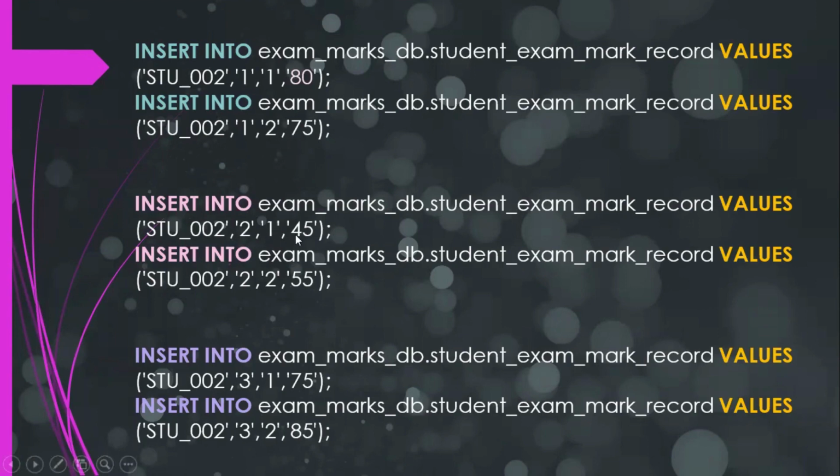And next, I have added 45 marks for science in the first term and 55 marks for science in the second term. Next, I have added 75 marks for Sinhala in the first term and 85 marks for Sinhala in the second term. So this is the format we can type for one student index number for this table.